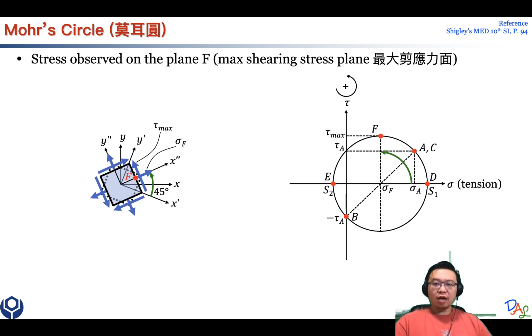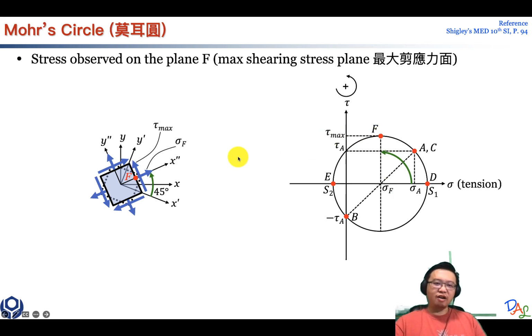Okay, now if we rotate this coordinate from this principal stress plane by 90 degrees in the Mohr circle, we are actually rotating 45 degrees here, and it's reaching a different coordinate system we call x double prime and y double prime. Over here you can see the stress condition is under the maximum shear.